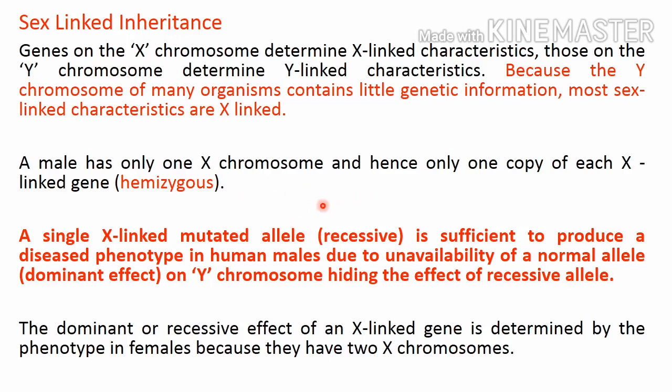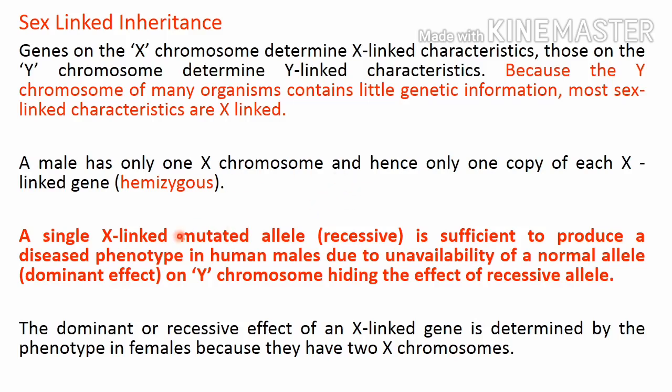As there are very few common sequences between the X and Y chromosomes, if the X chromosome of a male has a defective gene, then that gene will have phenotypic expression in males.